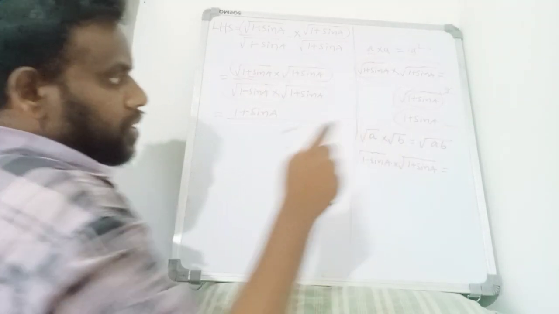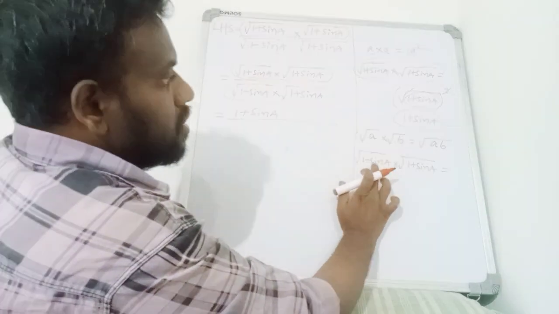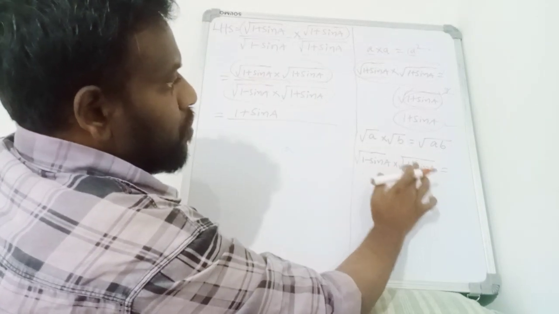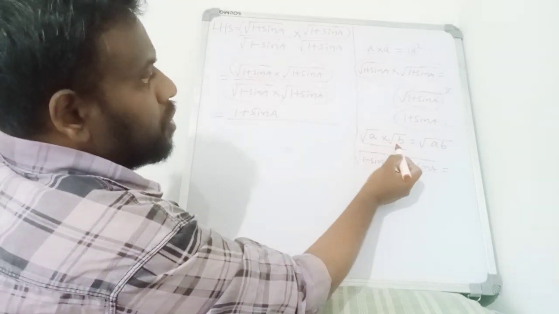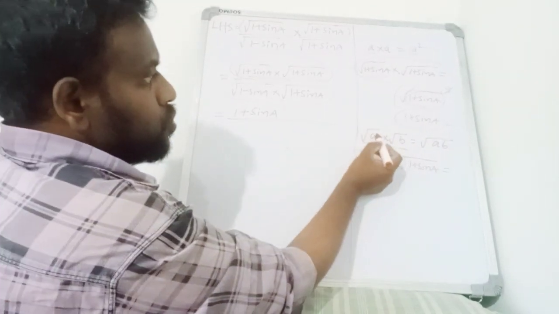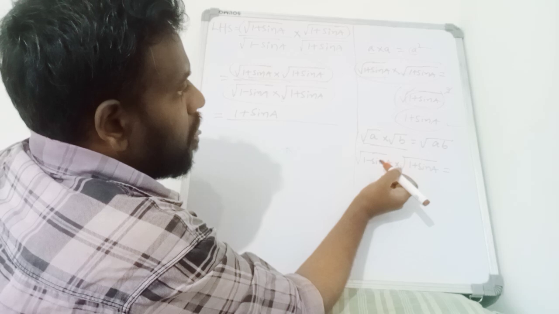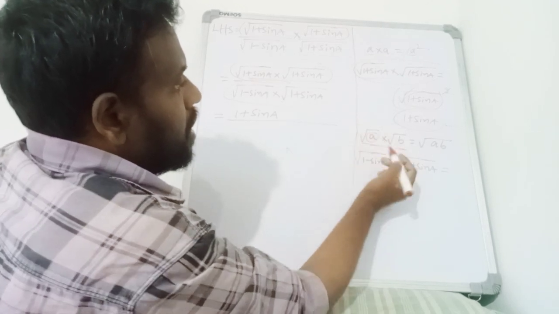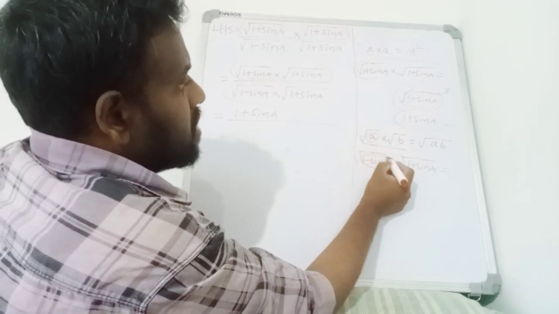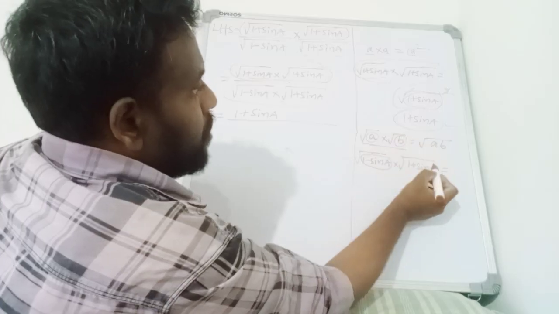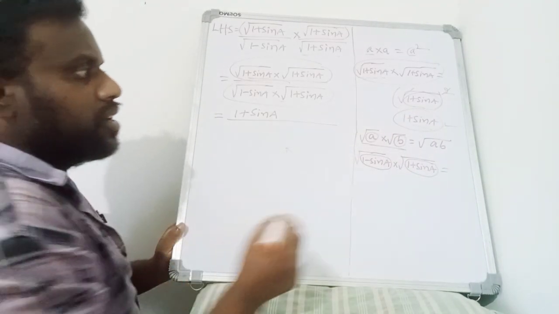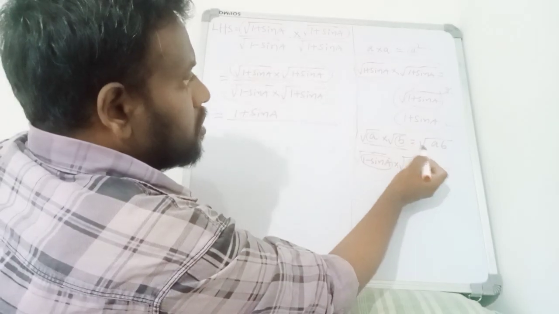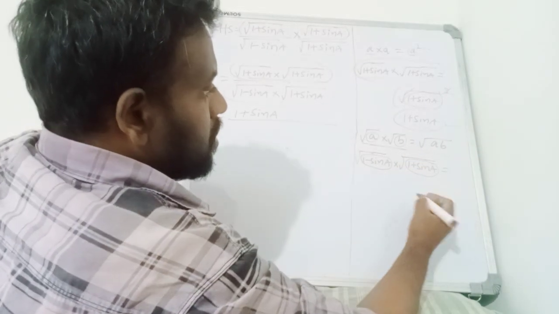This I have taken here. Now we see this is in the form of this, square root of A into square root of B. So in place of A we have this 1 minus sin A. In place of B we have 1 plus sin A. Okay, so according to this formula, this is equal to square root of AB.